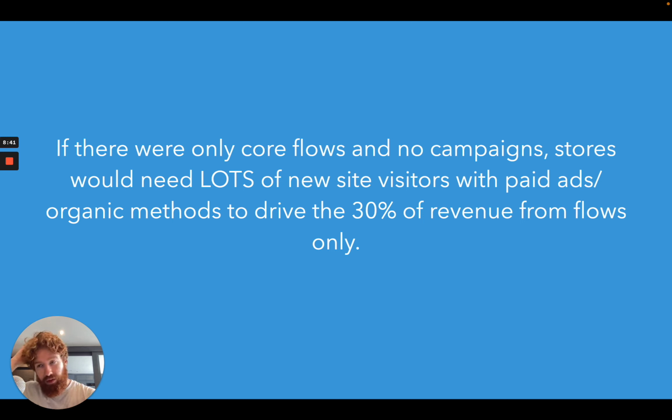If you're not sending any campaigns out, it's going to be tough to get traffic to your flows unless you have a massive ad campaign, which is going to cost you lots of money, or you maybe have influencer campaigns running, but again, it's going to cost you money because you have to pay them and send out free products and whatnot. So as you see, having only core flows also doesn't really work because there's nothing to populate these flows unless the store is doing super well.